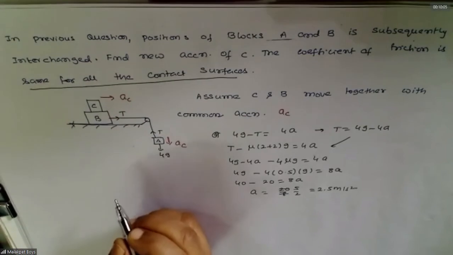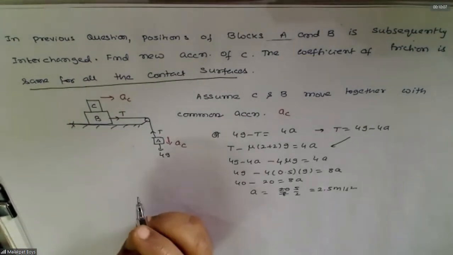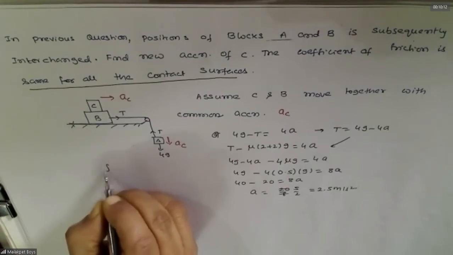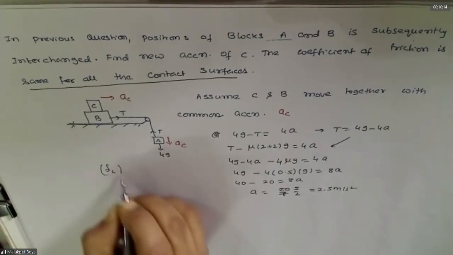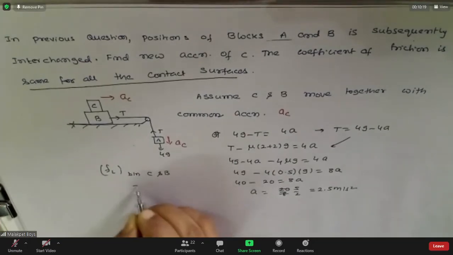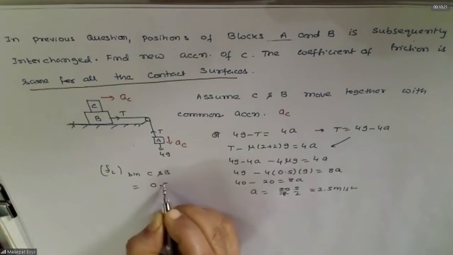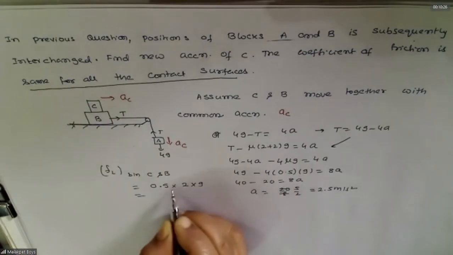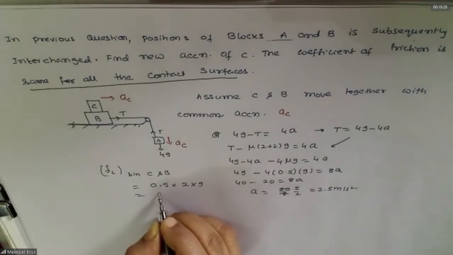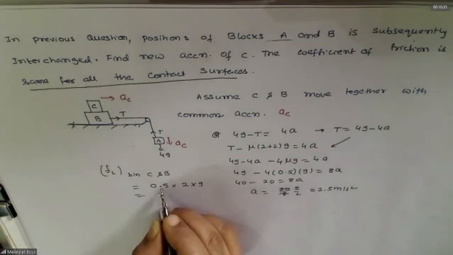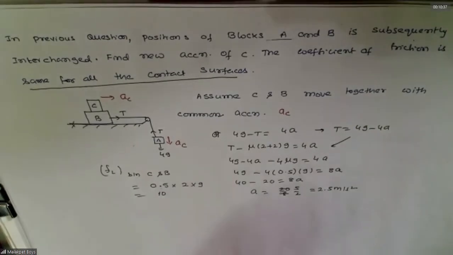Now let us check what is the limiting friction between B and C. Between C and B it will be how much? Mu times mass of B, 0.5 times 2 times 10, that is 10. Do you agree with this or not?